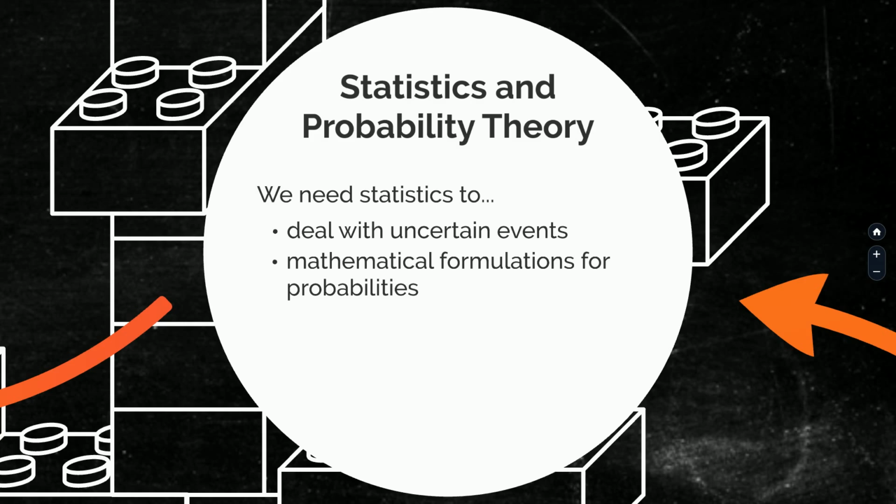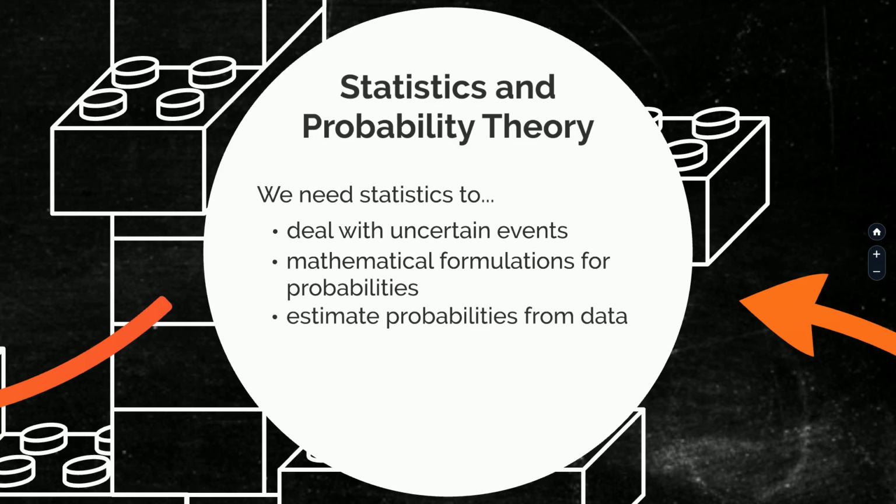We also need statistics to develop mathematical formulations for probabilities. We saw our posterior distribution in the previous slide. This is going to be a mathematical formulation for probability, and so solving that is going to be based in statistics. We also need to estimate probabilities from data. All of this, again, is based in statistics and probability theory.